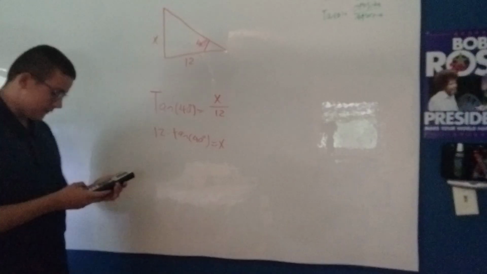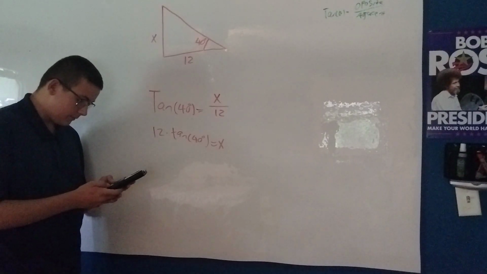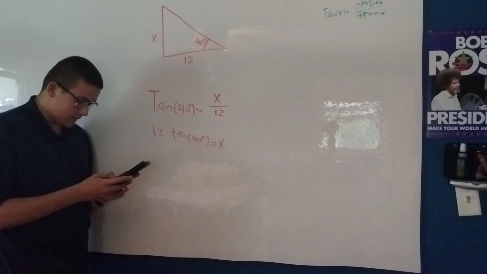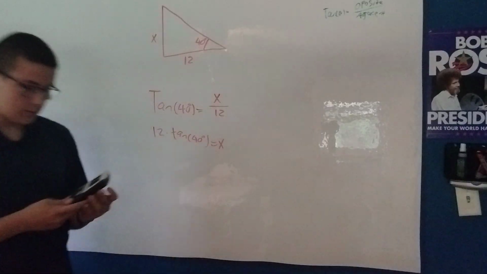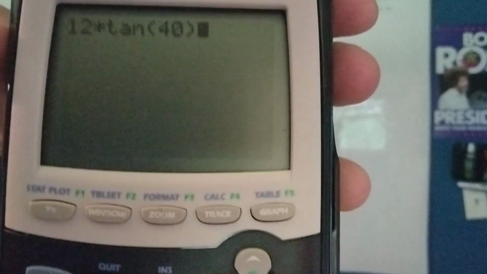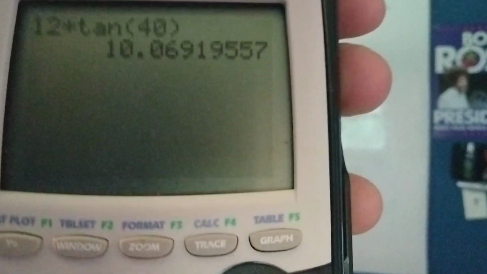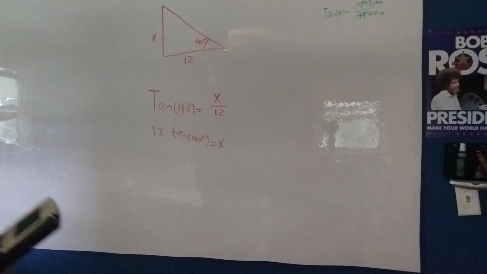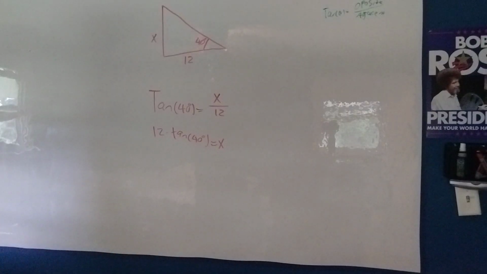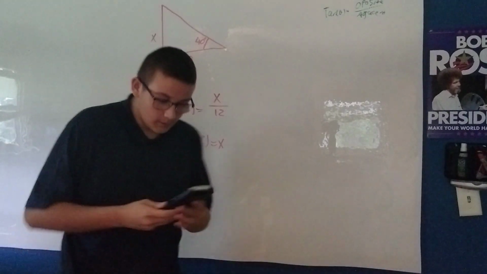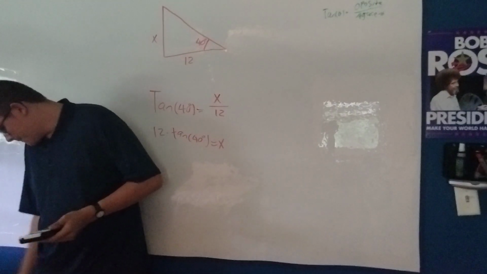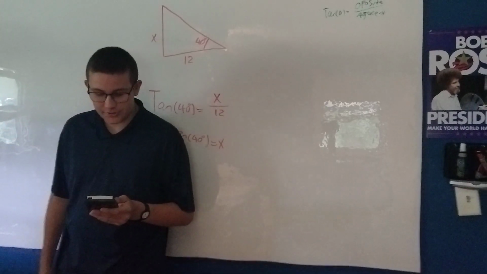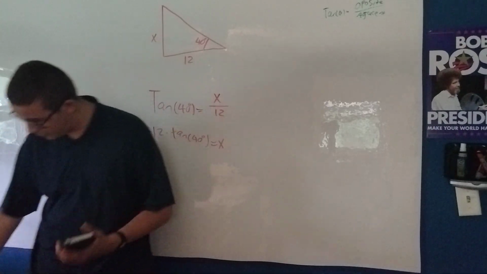So all you have to do is type in 12 times the tangent of 40 degrees, and press enter. And it'll tell you it's 10.069, sorry. I was looking through the camera screen behind you. It's kind of hard to see. But usually I tend to round this off after about three decimal places.